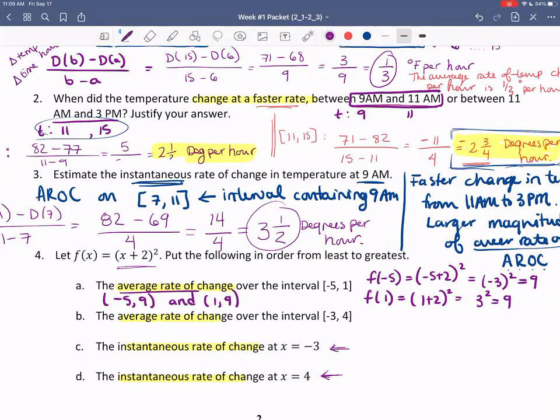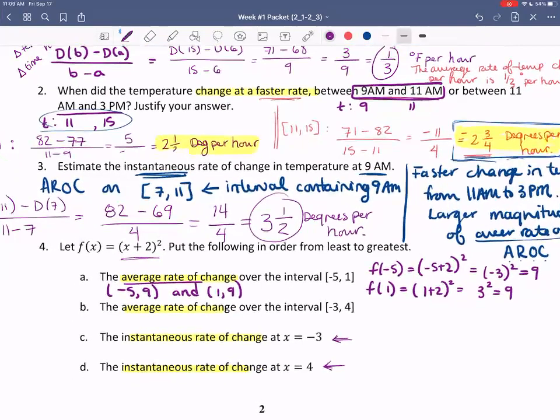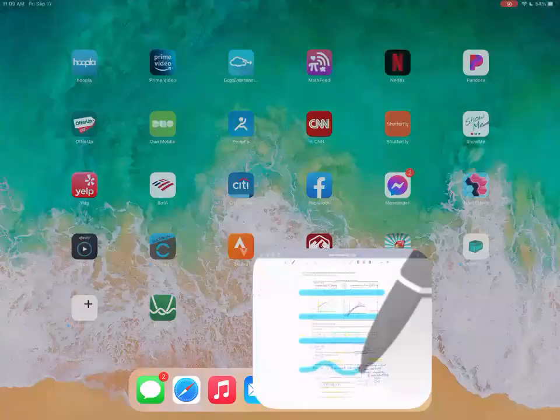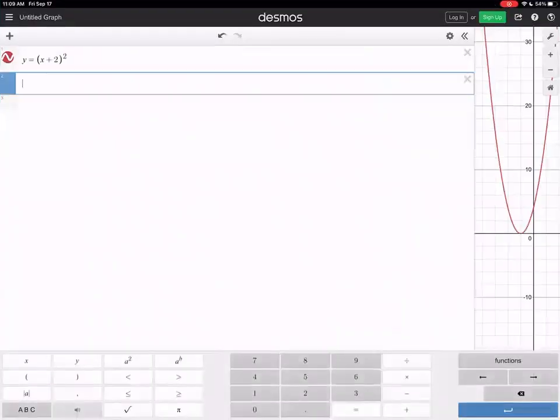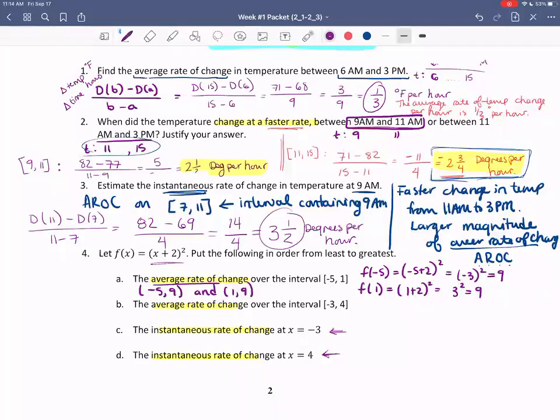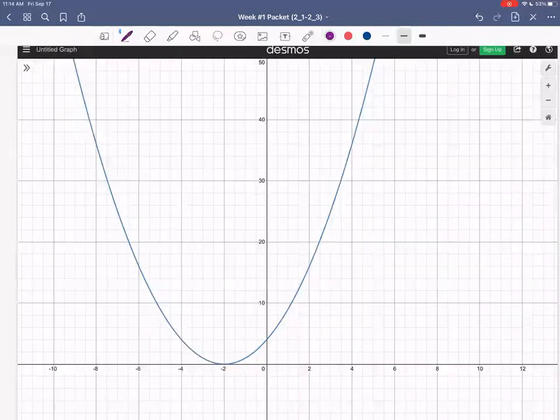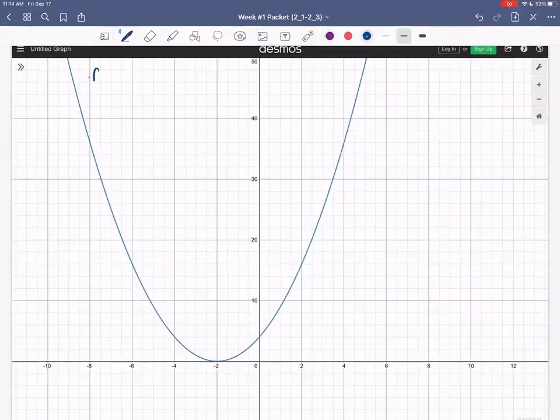So what do we think that slope will be? Let's take a look. So just moving over to a picture of our graph that I snapped for us. So here's the graph of f of x equals (x + 2) all squared.